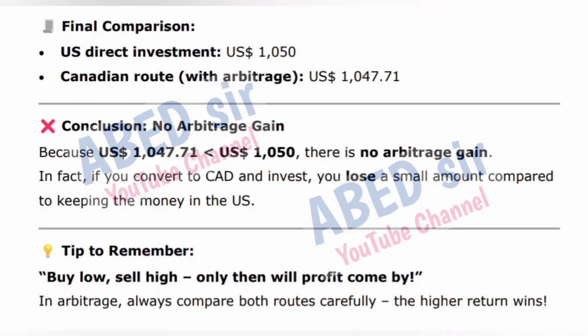In fact, if you convert to CAD and invest, you lose a small amount compared to keeping the money in the US. Tip to remember: buy low, sell high, only then will profit come by. In arbitrage, always compare both routes carefully, the higher return wins.